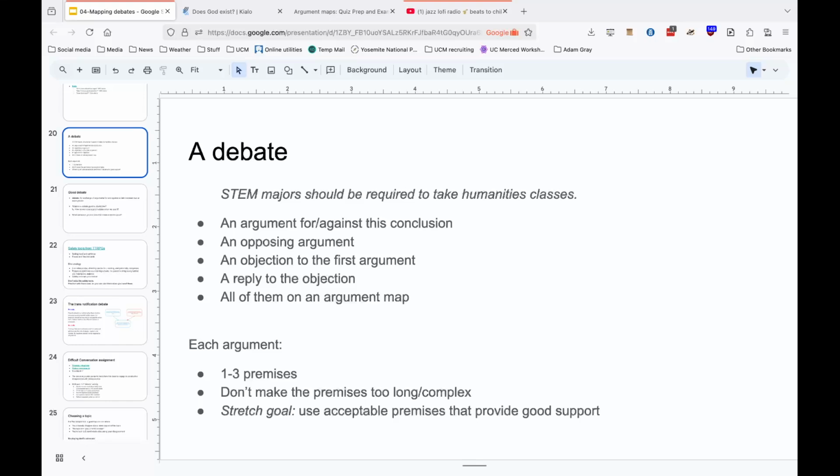Three key words are opposing argument, objection, and reply. So that last one is a reply because it's an objection, it challenges a premise, of an objection, an argument that challenges a premise. Good. Questions or comments on this debate?